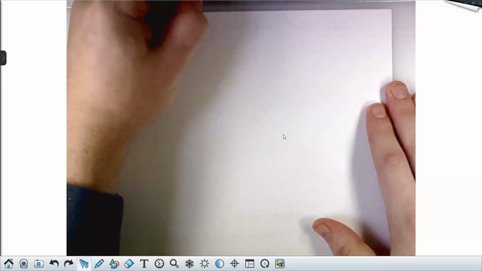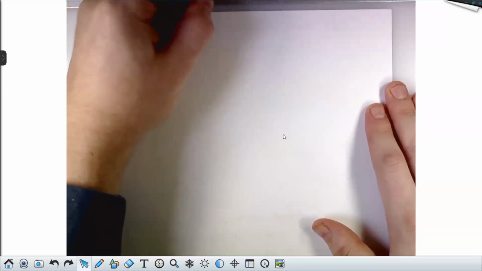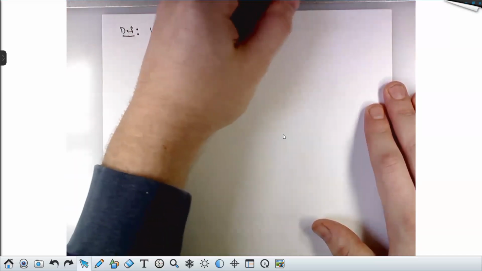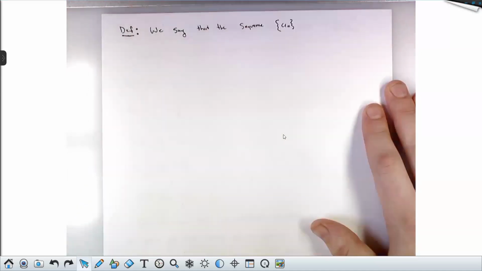We say that the sequence an, and when I leave off the n equals 0 to infinity or whatever, I'm just saying it could start at 0, it could start at 1, could start wherever.